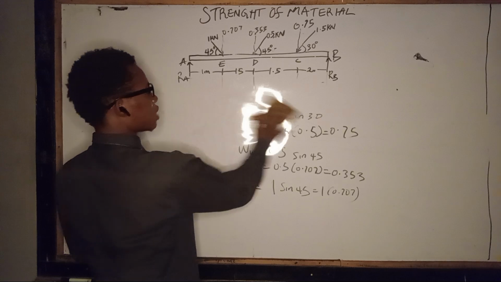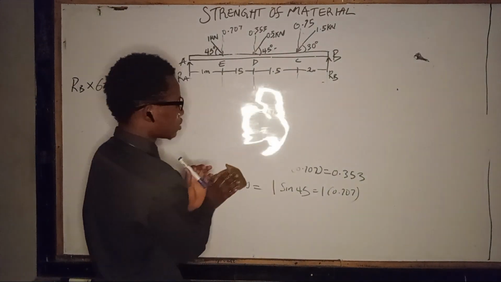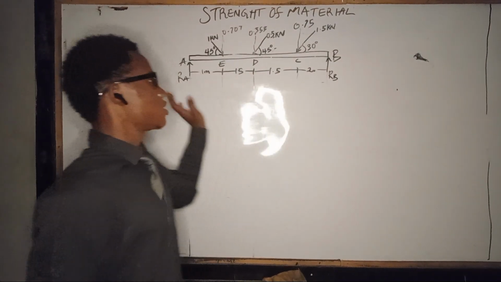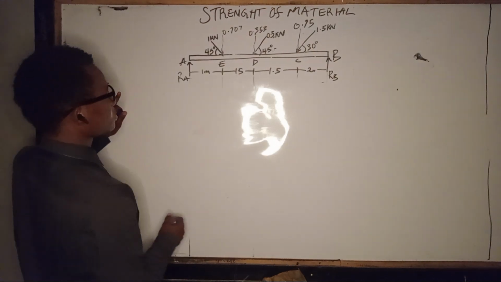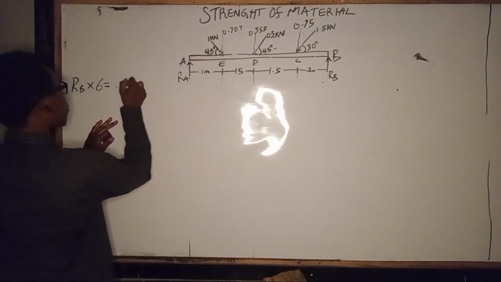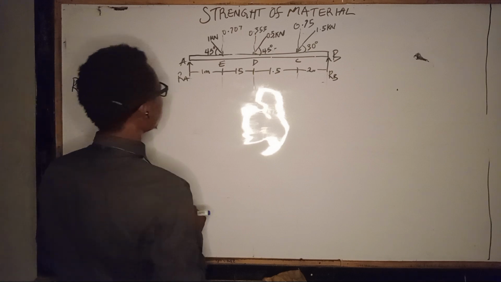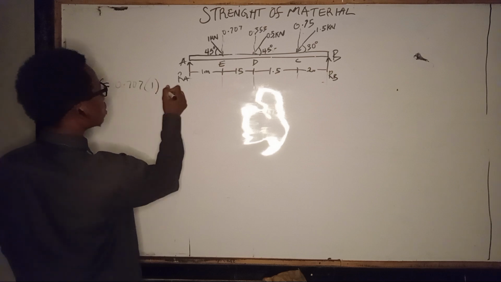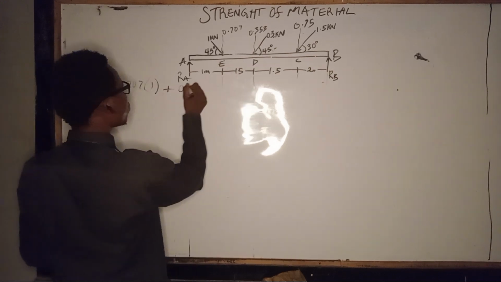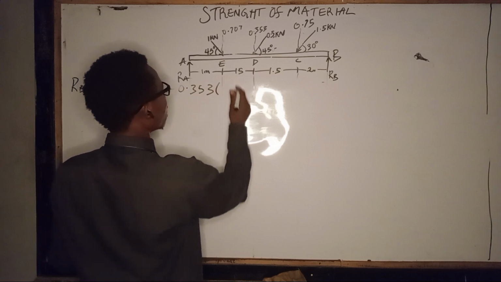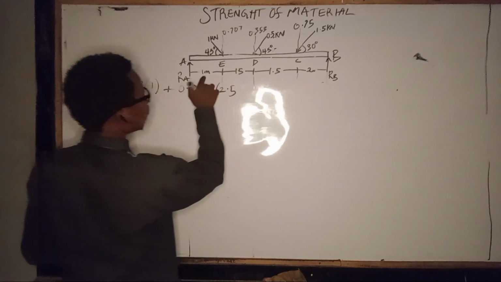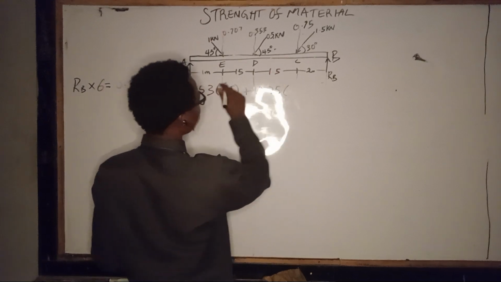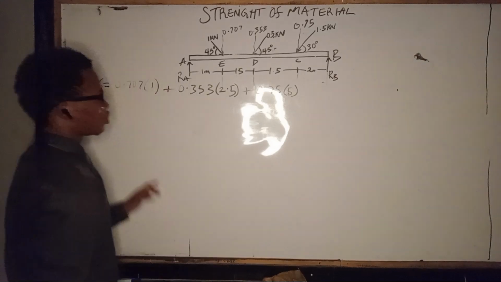So here we have gotten our vertical forces, then we can go directly and start finding our reactions at A and B. So now our reaction at B, RB times 6 is equal to 0.707 times the distance, which is 1, so 0.707 times 1, plus 0.353 times 2.5, that is 1.5 plus 1, then plus 0.75 times 5, which is the bending moment.